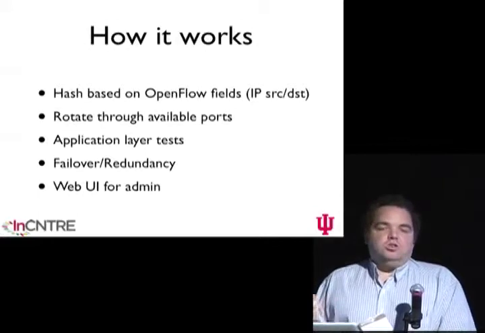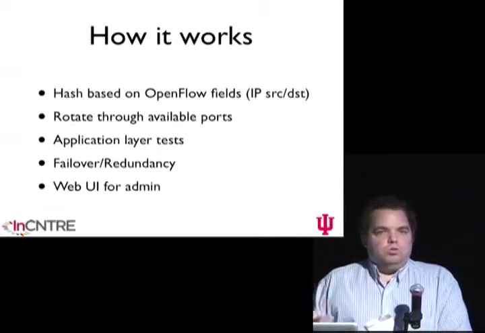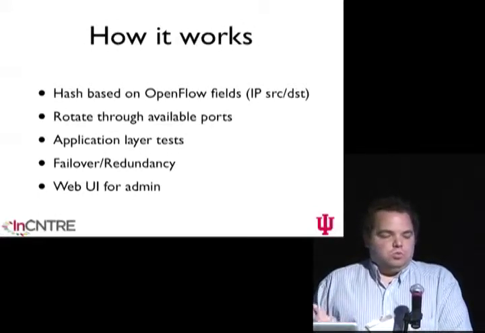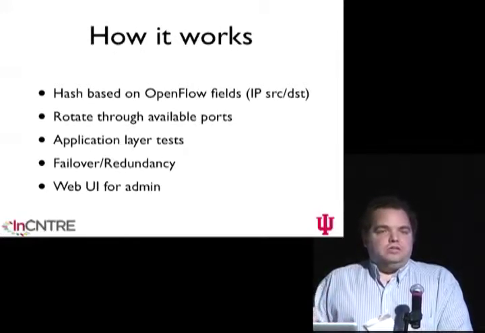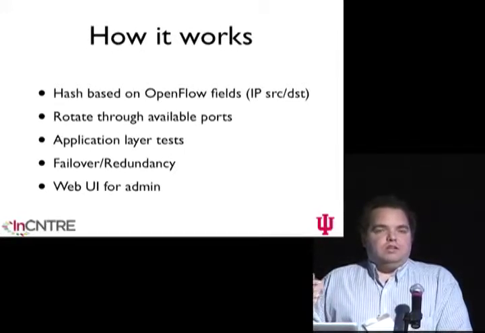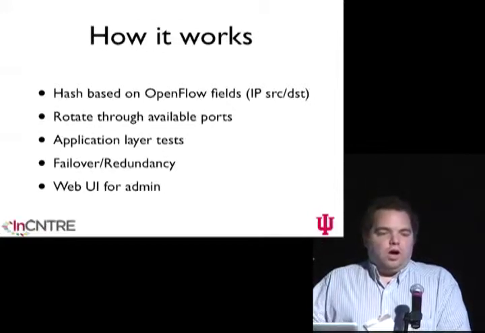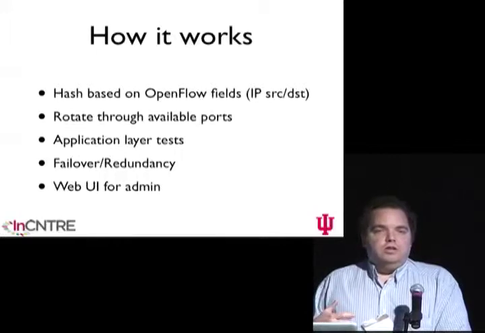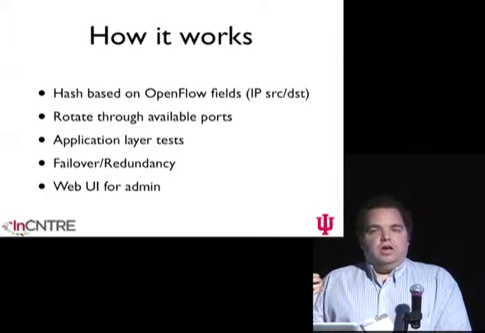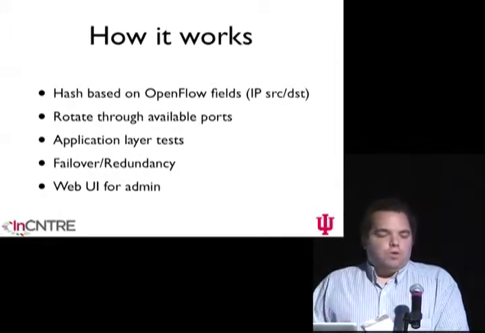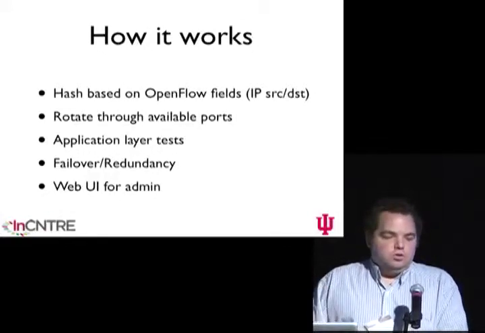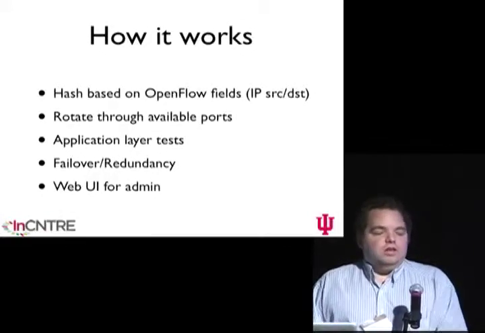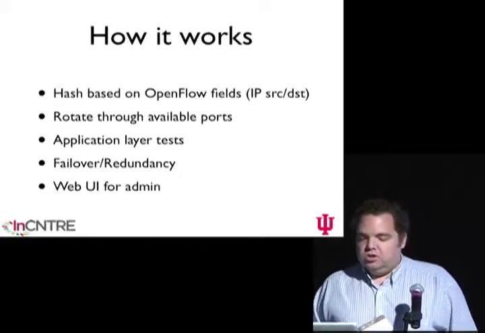We have application layer tests, similar to the way a commercial load balancer would work, that can test the link or the application on the remote service that it's connecting to. There's an ability for failover redundancy. When there is a link outage, it will move the traffic to other ports, and it has a simple web UI for administration.